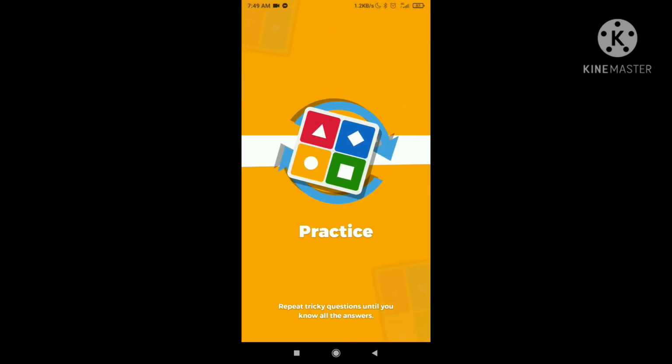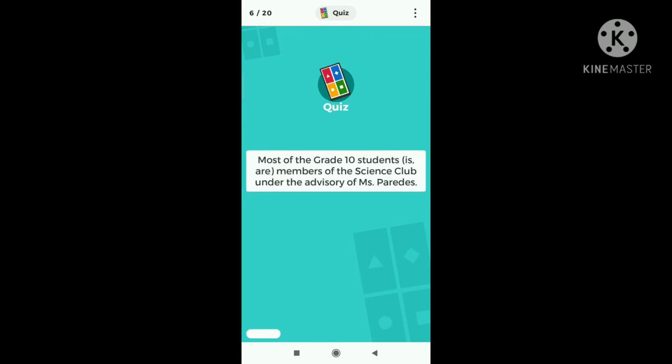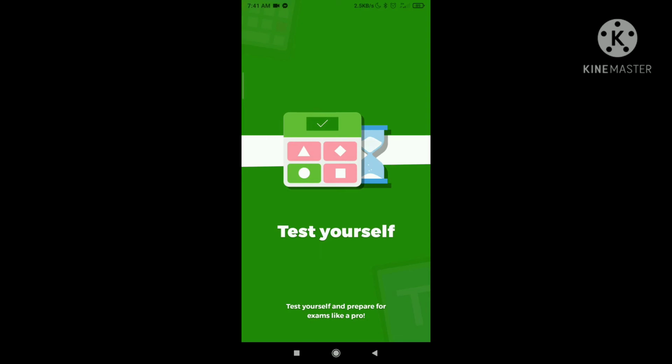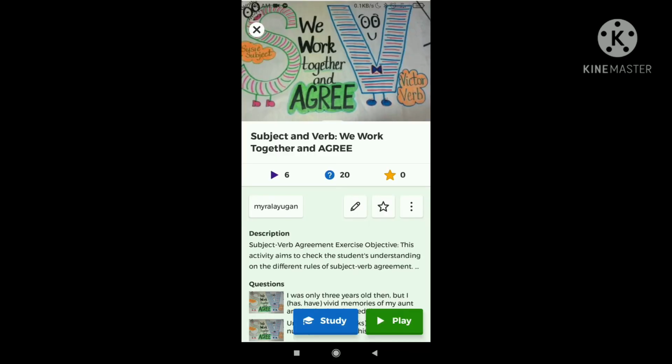This feature enables students to answer the questions with no time limit. But for the class activity, students are tasked to play in the Test Yourself segment to make the game more engaging and challenging. The visual and sound effects can indeed create a more engaging and fun learning experience for the students compared to the traditional pencil and paper activities.